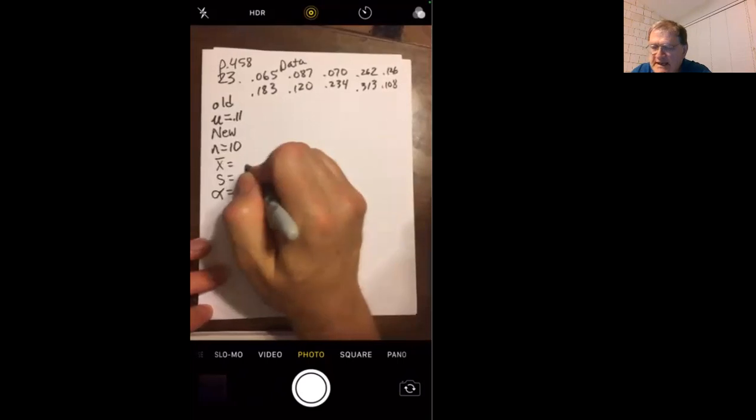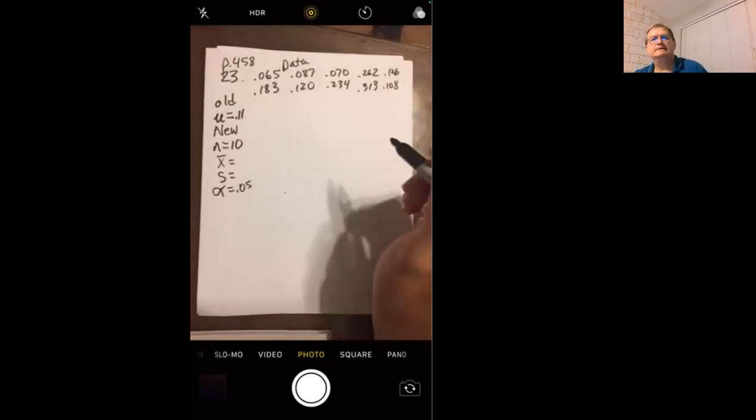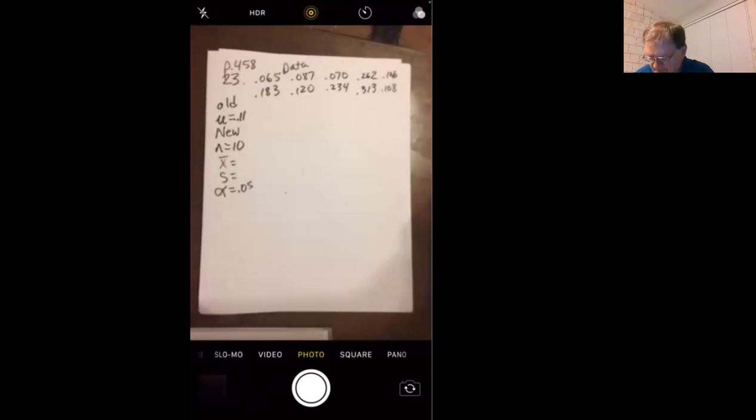I've got to punch in the data to get those. Hopefully everybody remembers how to do that.